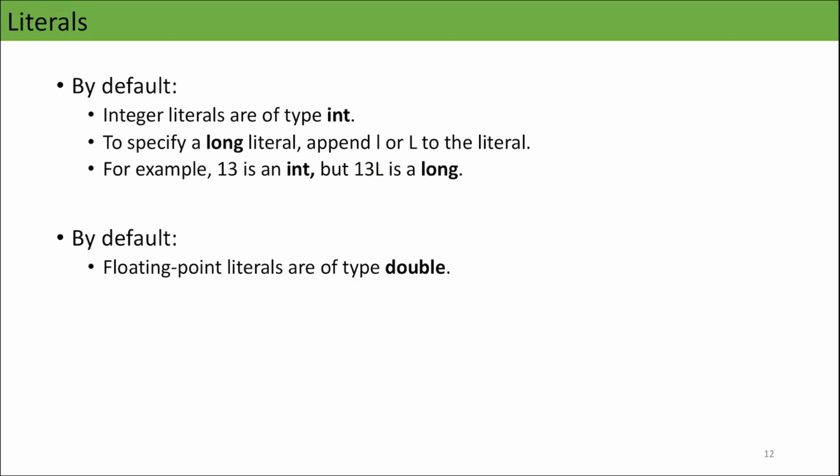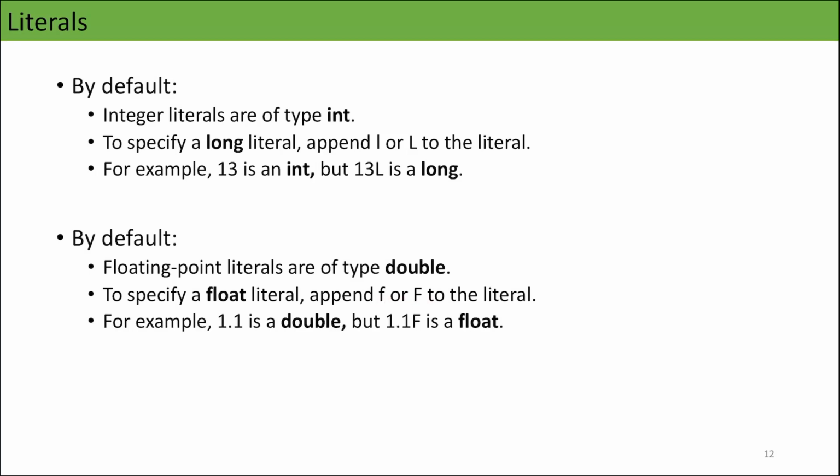On the floating point side, the default is double. So any number with a floating point is by default a double. If you want it to be float, then you need to add F, lowercase or uppercase, it doesn't make a difference. So in this example, 1.1 is double by default.